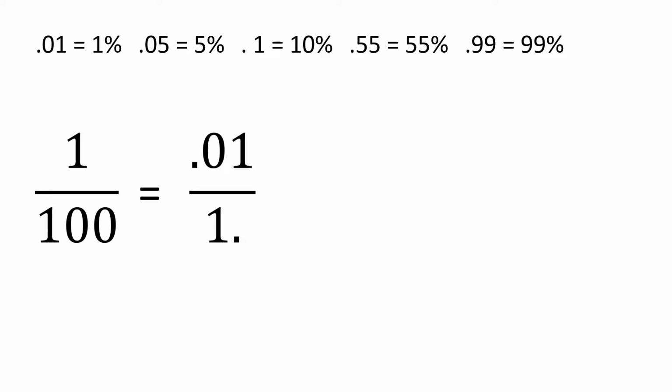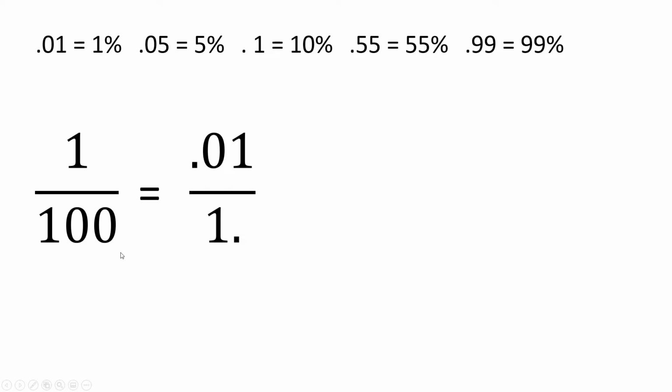But another way that we can look at percentage is by simply understanding how to move the decimal in the fraction. So we learn different ways, right? So if 1 over 100 is equal to 0.01 over 1, which we know it is, right? We already learned that. Remember, we just learned that 1% is equal to 0.01, right?